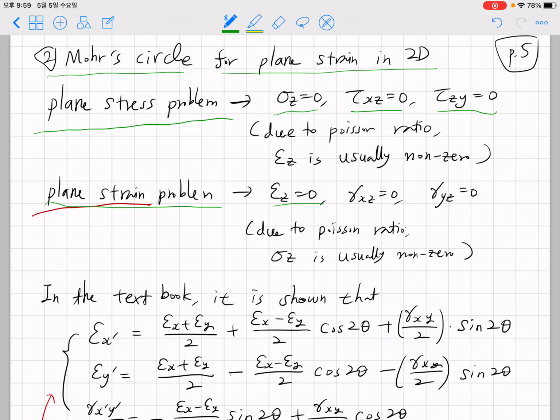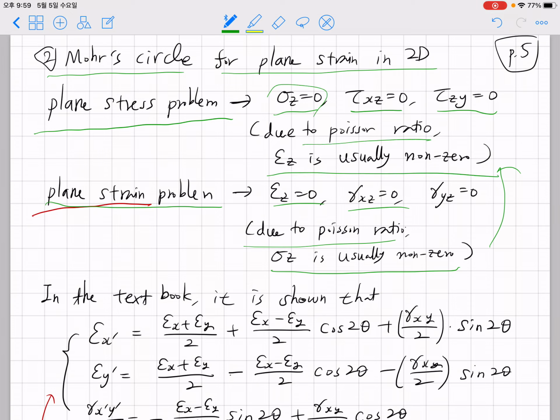The strain along z direction is 0 and shear strain along xz and yz components is 0. Of course, due to the Poisson ratio effect, sigma z is usually non-zero, which is different from the plane stress problem. Even though sigma z is 0 in plane stress, due to the Poisson ratio, epsilon z is usually non-zero. So this is the difference between plane stress and plane strain.